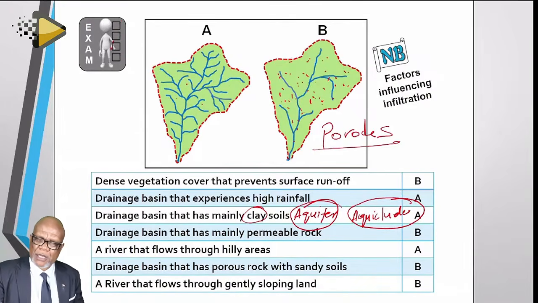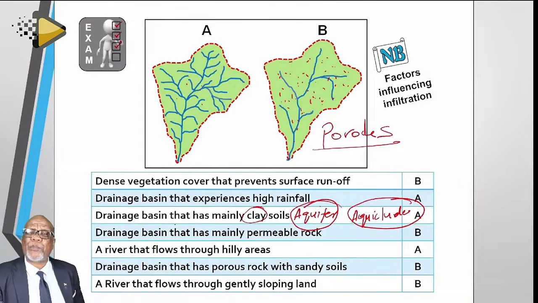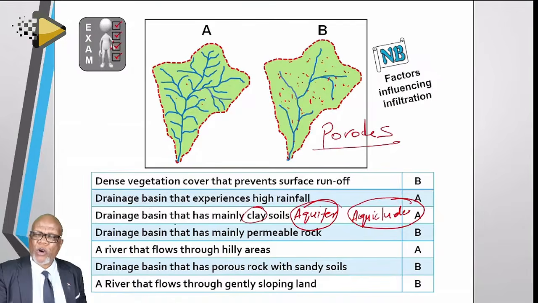So area B has high porosity, and because of that, B will be more permeable, allowing more infiltration and resulting in less runoff. But A has low porosity, and therefore low permeability. That is why we are going to have more runoff here, because most of the water is going to be found on the surface, but here most of the water is going to infiltrate.